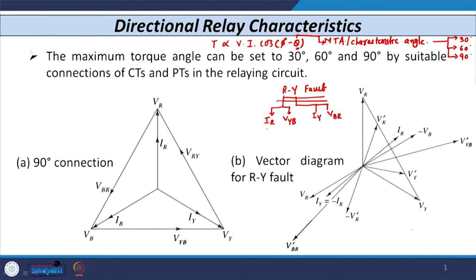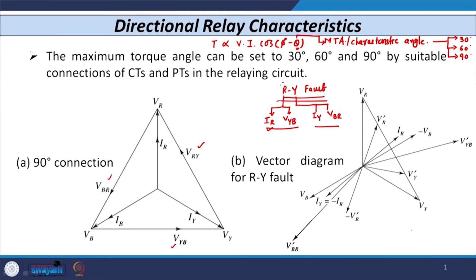Let us check how the vector diagram behaves for these values. Here we have drawn the vector diagram considering that IR, IY, IB are all displaced by 120 degrees, and the voltages are VR, VY, VB. We have the VRY voltage, the VYB voltage, and the VBR voltage.